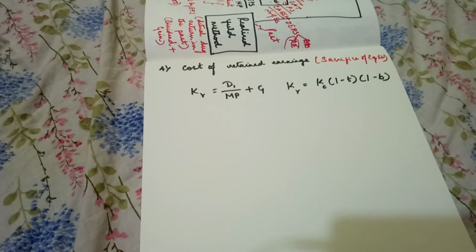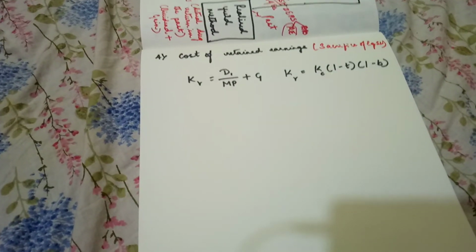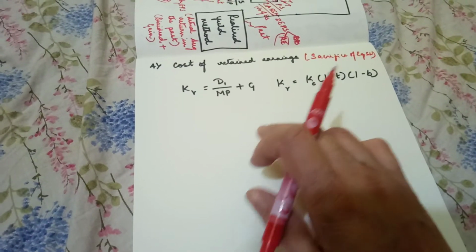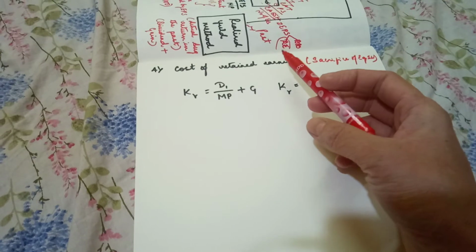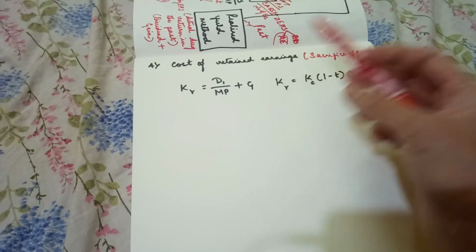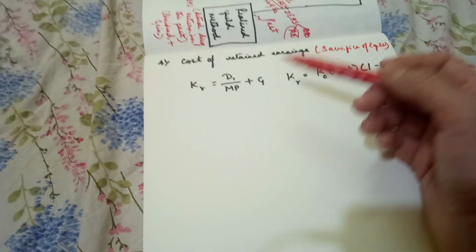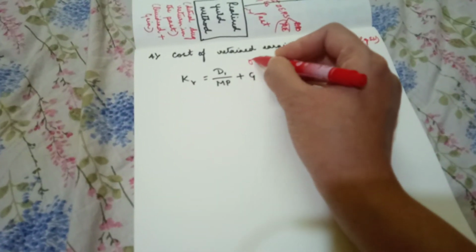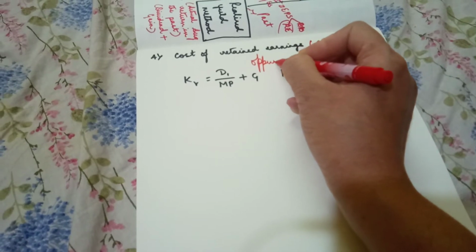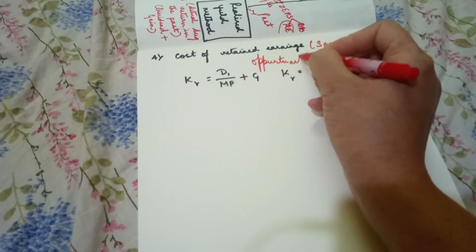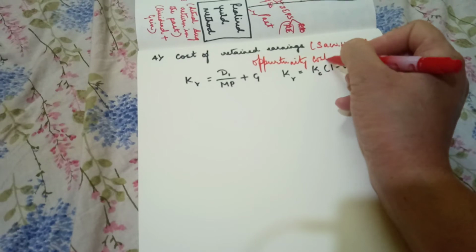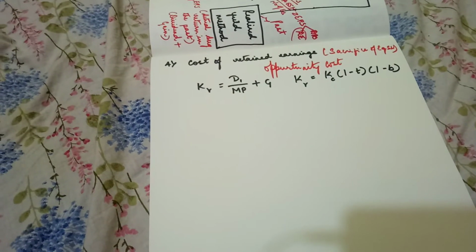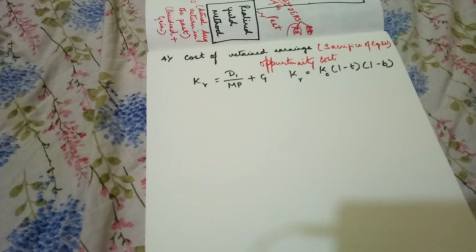So these retained earnings basically belong to the equity shareholders of the firm, who are the owners of the business. Today they are sacrificing their dividends in the hope of receiving higher dividends or higher returns in the future. Therefore this is the opportunity cost. This is not your actual cost, instead it is the opportunity cost. You have missed the opportunity today in the hope of getting better returns tomorrow.